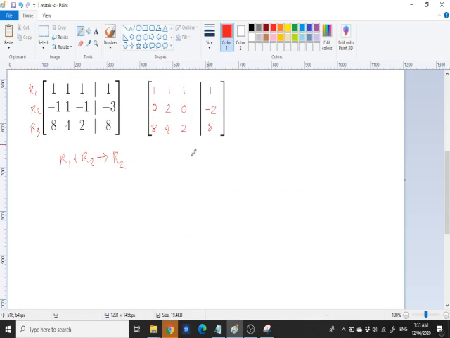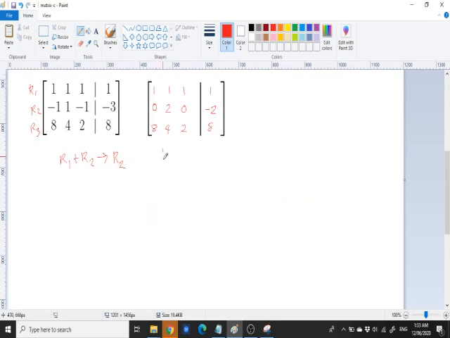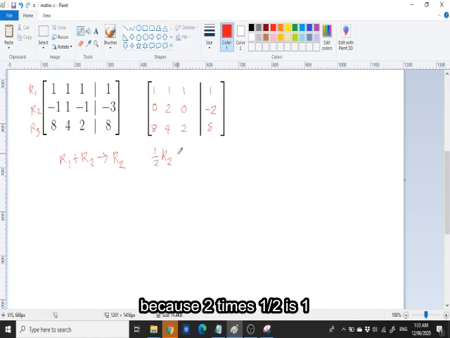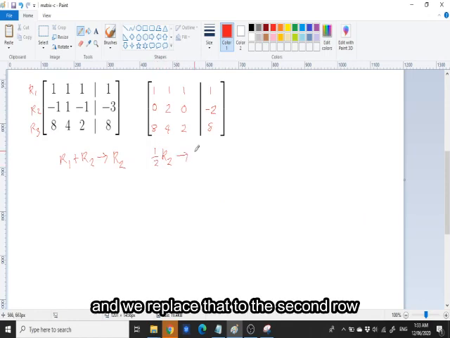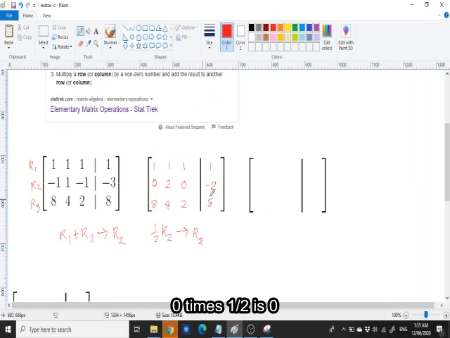So next we divide the second row by 2, which is multiplying by 1/2, because 2 times 1/2 is 1, and we replace the second row. 0 times 1/2 is 0, the same as dividing by 2. 2 times 1/2, or 2 divided by 2, is 1, and then 0 divided by 2 is 0.